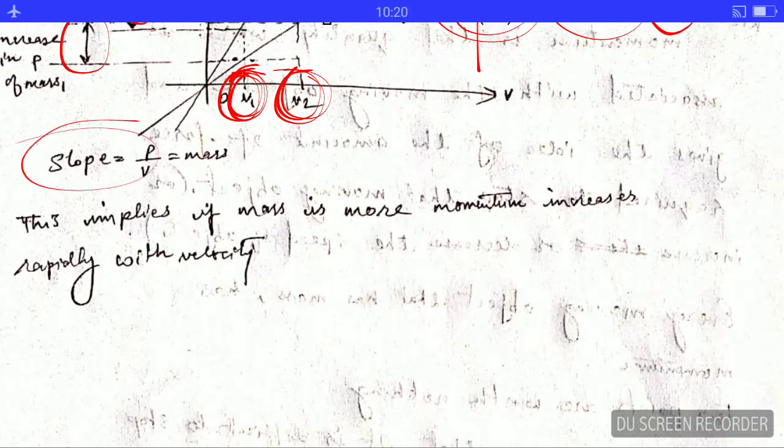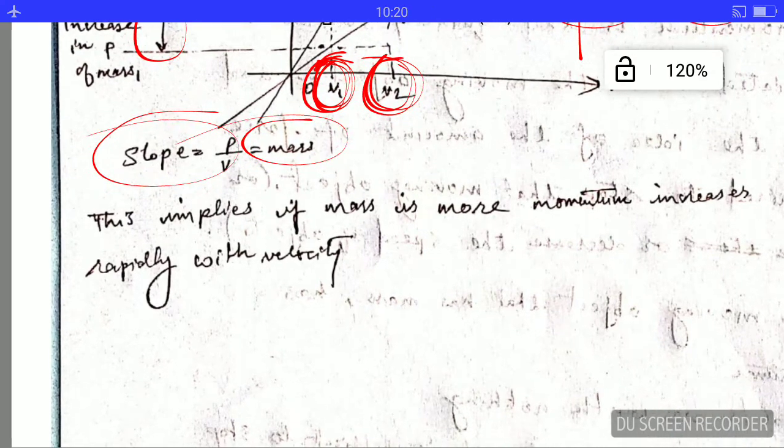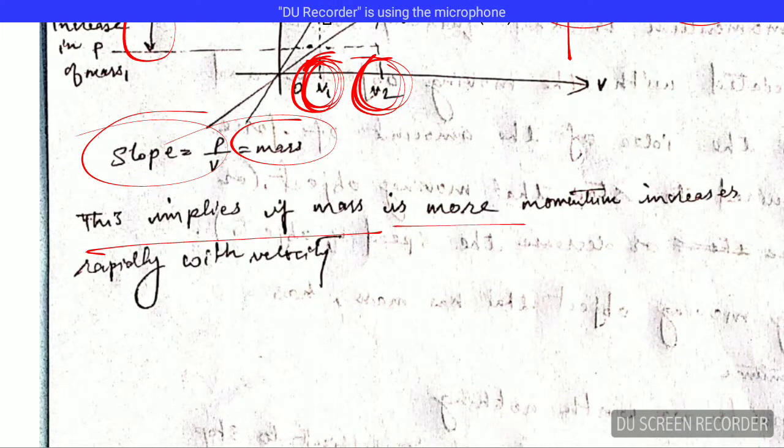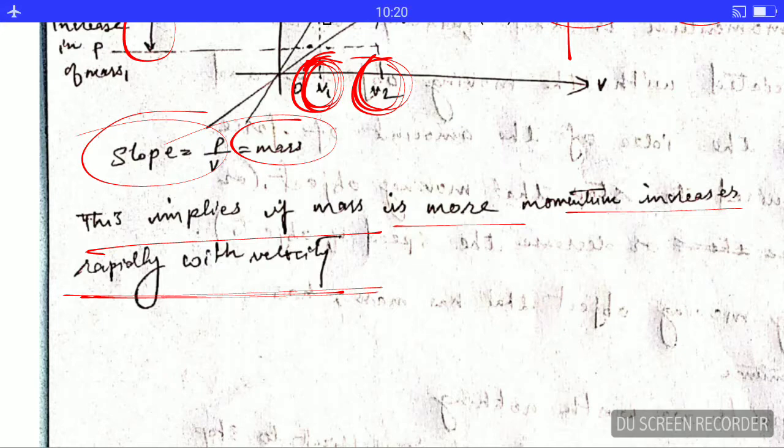The slope of this curve equals the mass. This implies that if the mass is more, momentum increases rapidly with the velocity. So here I have explained momentum.